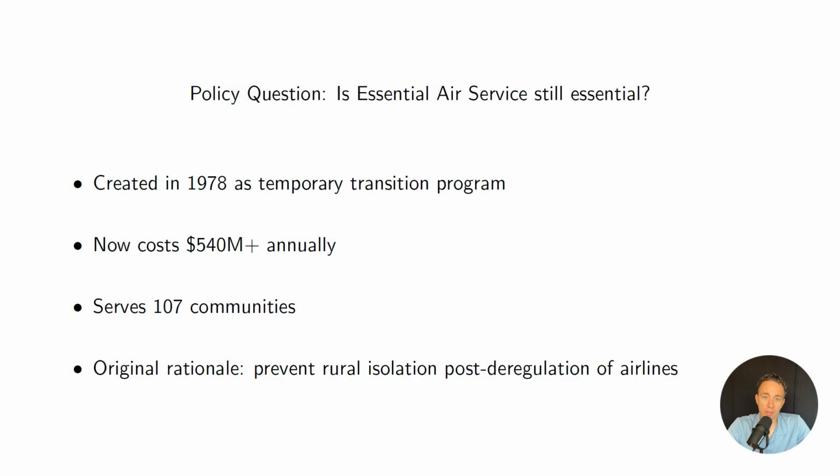If you're wondering why they even started this program, well, it was in the wake of airline deregulation in the 1970s and 80s, where they wanted to protect rural communities and make sure they didn't get isolated by suddenly having airlines not visit their airports. So a really important policy question that we need a structural model, or a model with more structure, to answer.